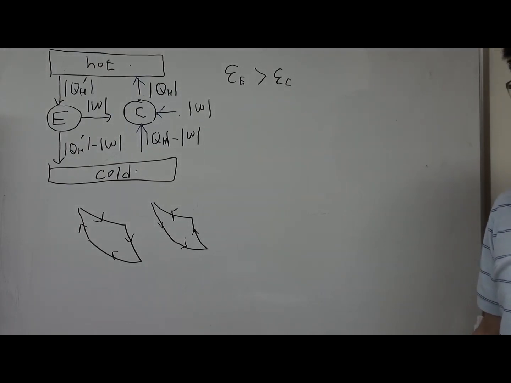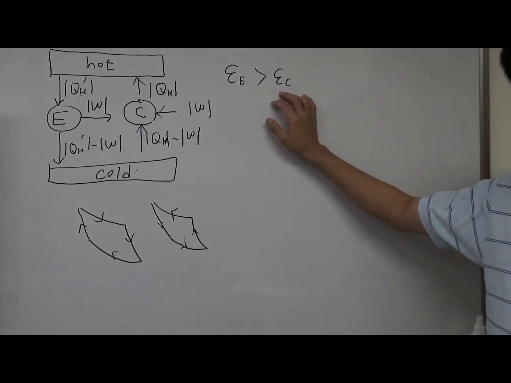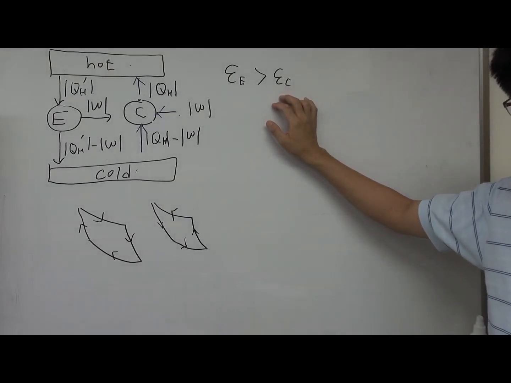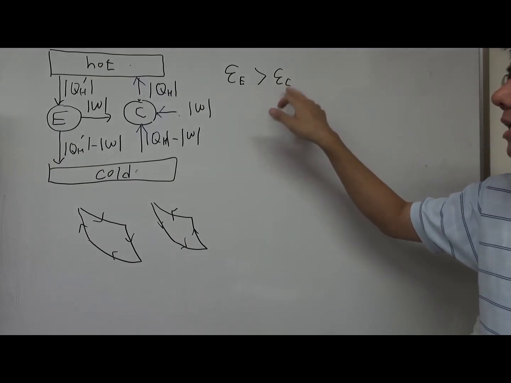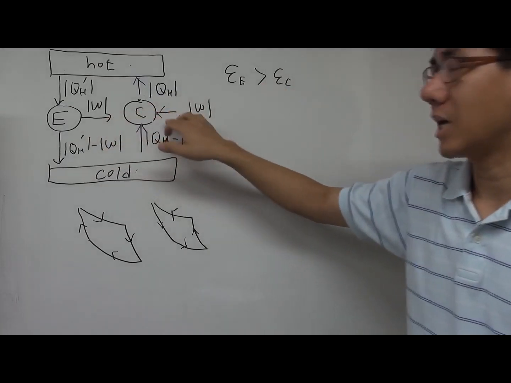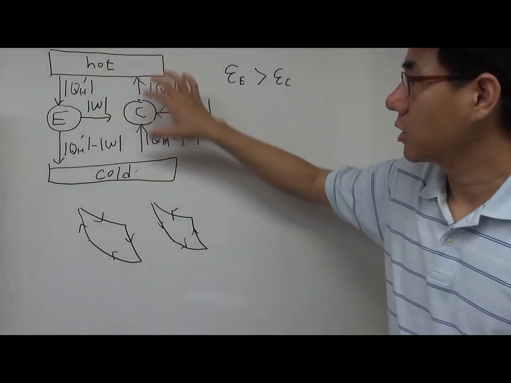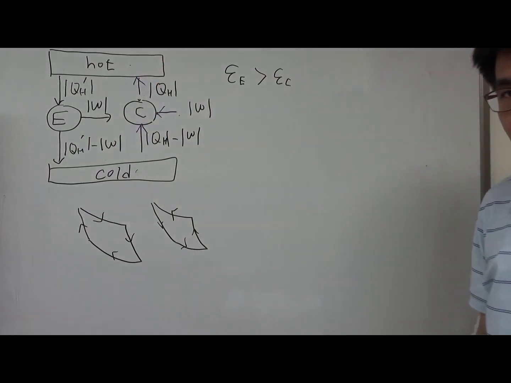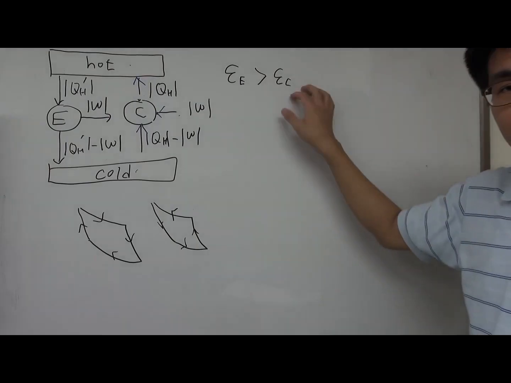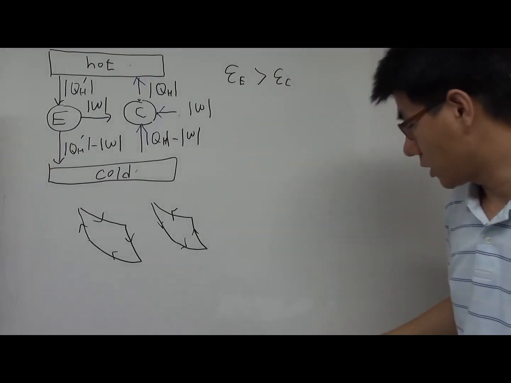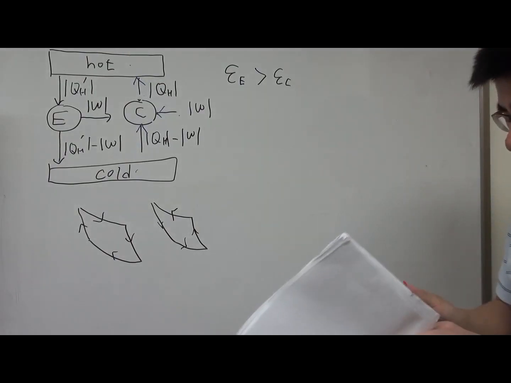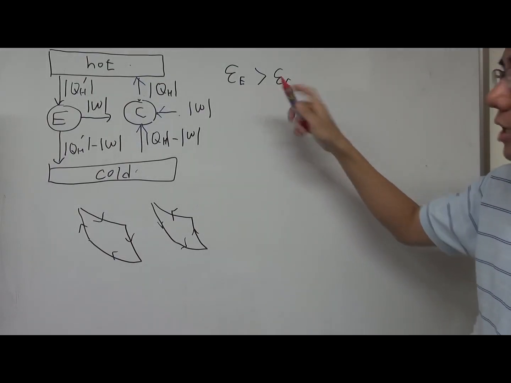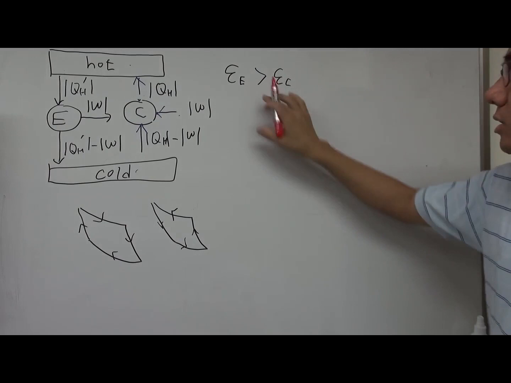By showing that the original assumption is wrong, we'll demonstrate that the efficiency of any kind of reversible engine between the same hot and cold reservoirs is the same. So we assume this and demonstrate that this assumption is wrong.